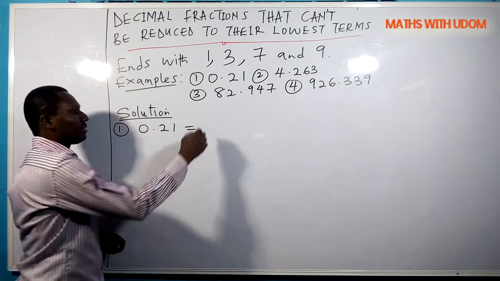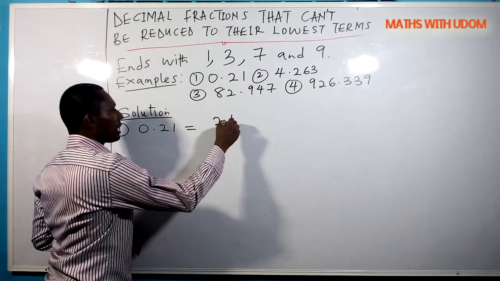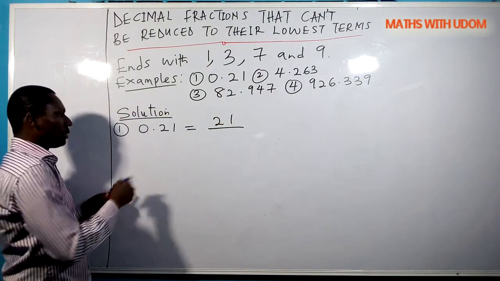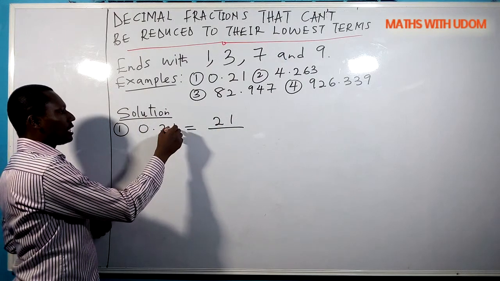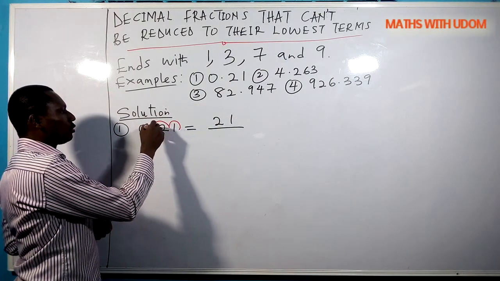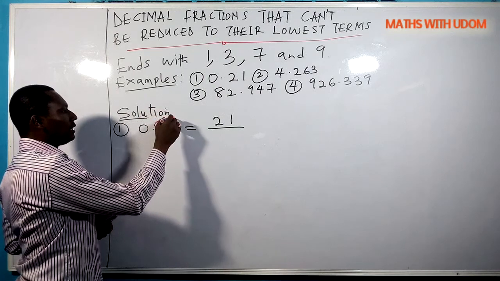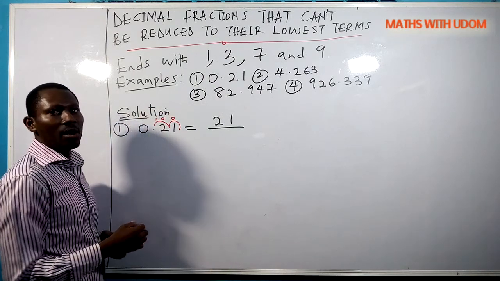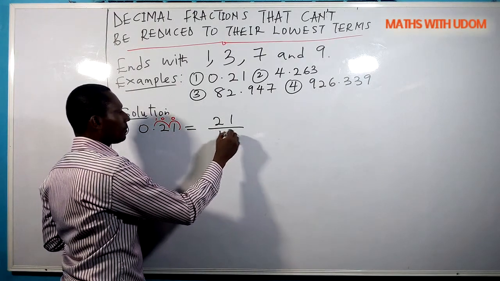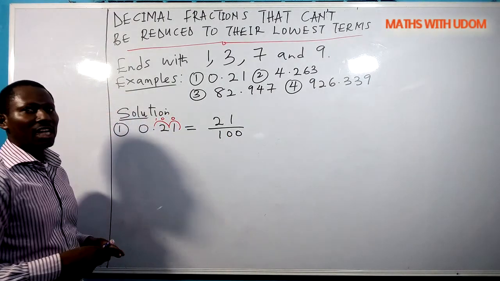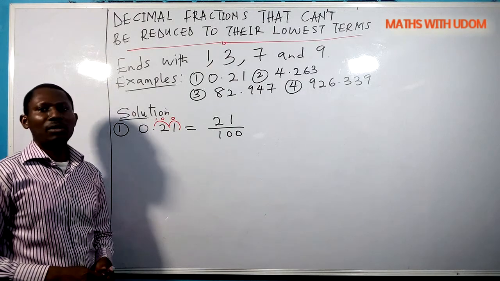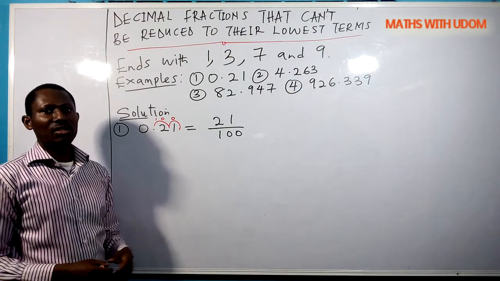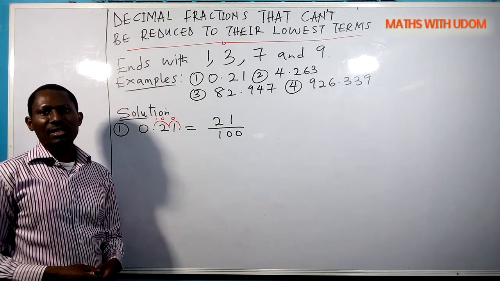So we write the mantissa, 21, divided by what? We count from the front of the 1: 1, 2. We stop where we have the decimal point. So we have 2 zeros, so we are dividing this number by 100. If you check 21 divided by 100, nothing can go through the numbers. There are no common factors, so we leave it this way.